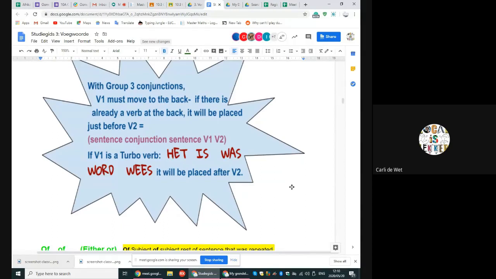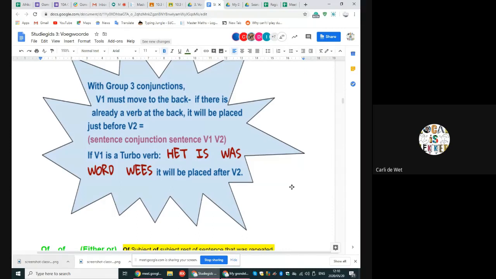But if it's one of these 5 turbo verbs in the verb 1 position, they are going to jump over verb 2 and they will be right at the end. So in other words, my sentence will be sentence, conjunction, sentence, verb 2, turbo verb.